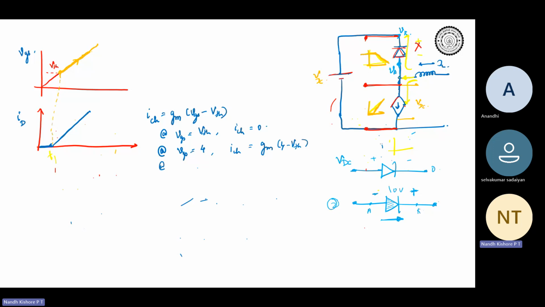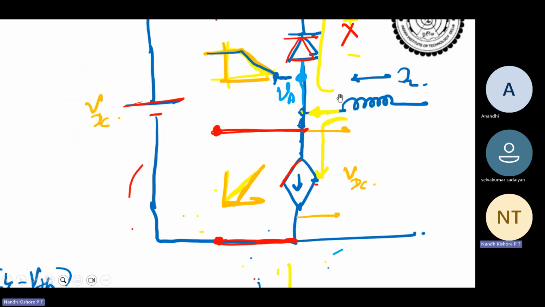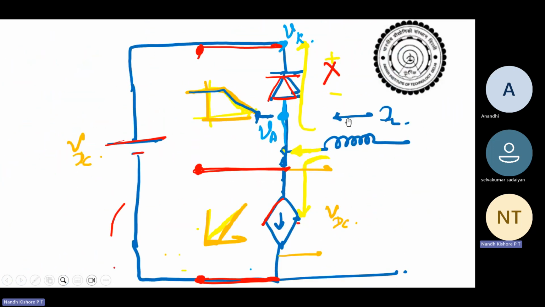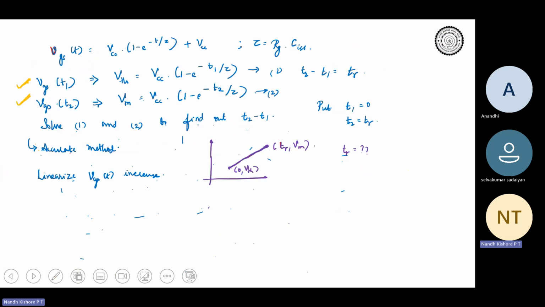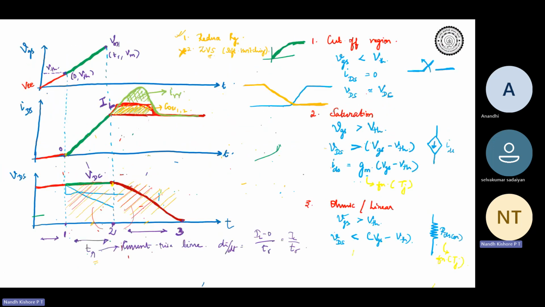When the diode stops carrying current, when the current eventually dies down to zero, only then there can be voltage across this device. That is why we said that the voltage VDS will remain at VDC until my drain current reaches the rated current IL, which means that the diode current has become zero.